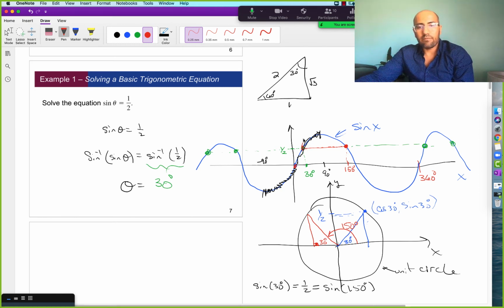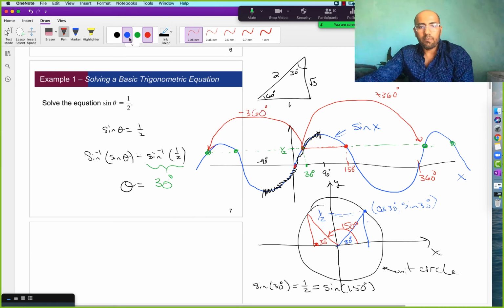Because the period of sine is 360 degrees, the distance from this one to this one will be plus 360 degrees. And from this one to that one over there will be minus 360 degrees.